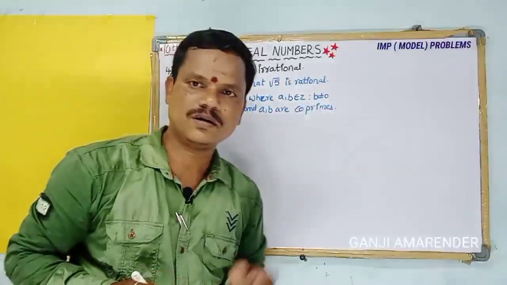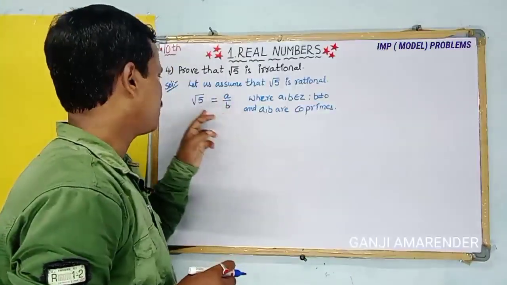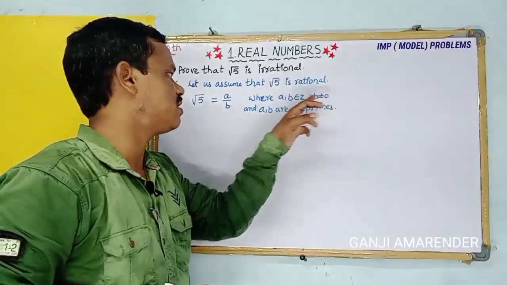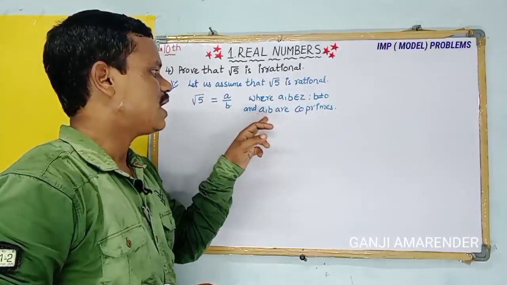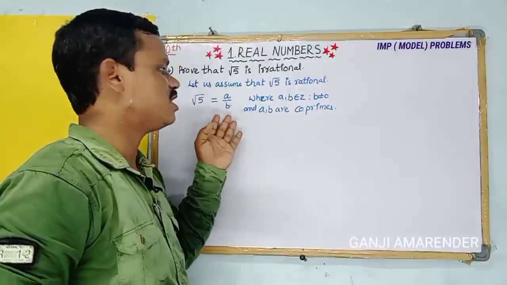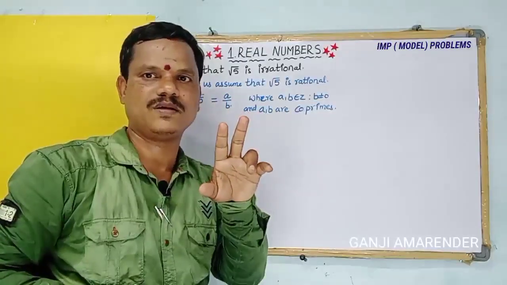Let us assume that square root of 5 is rational. If rational number is in the form of a by b, root 5 is equal to a by b, where a, b belongs to Z and b is not equal to 0, and a, b are co-primes. Co-prime means HCF of a and b is 1. Common factor of a and b is 1 only.